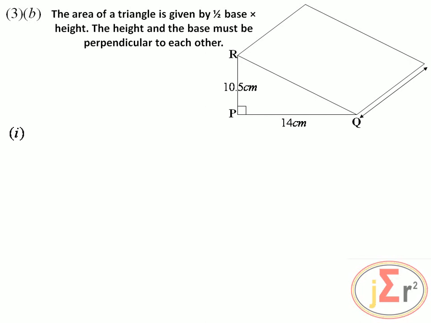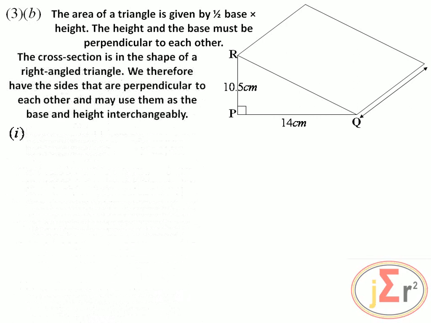That is why we may just say half base times height. In saying half base times height, we are making the assumption that the base and the heights are perpendicular to each other. That is a right angled triangle that we have right there for the cross section. So we are sure that they are perpendicular to each other.